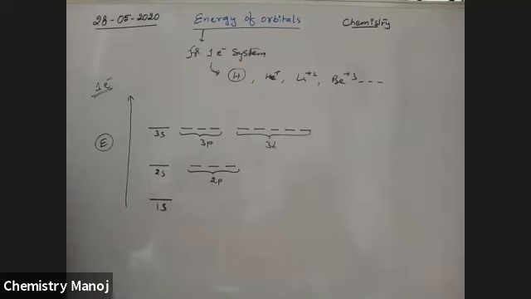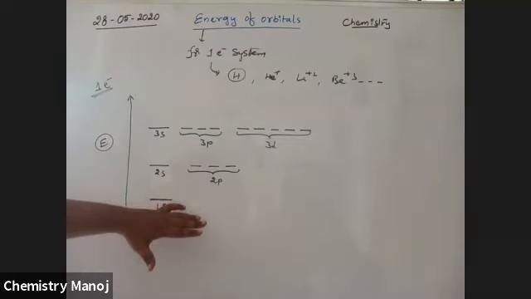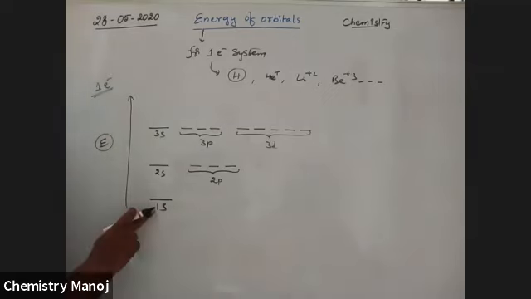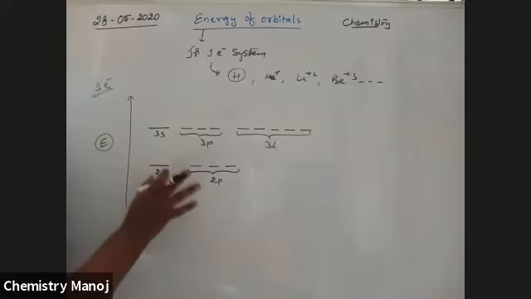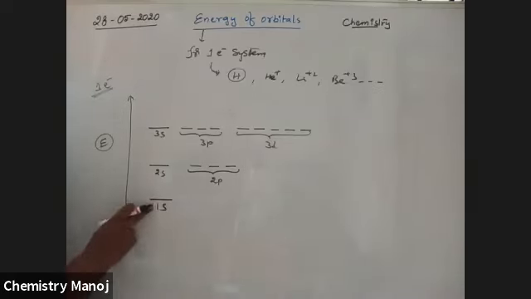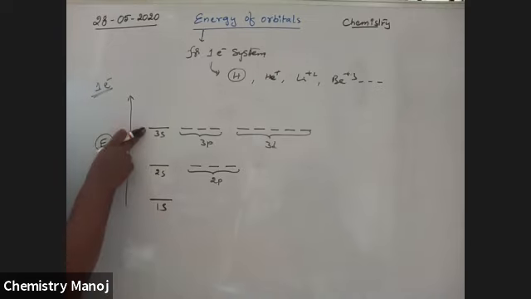Once again, I am telling you, it is only for a one electron system. As n value increases, the energy of the orbitals also increases. So when compared to the lower ones, these have more energy.